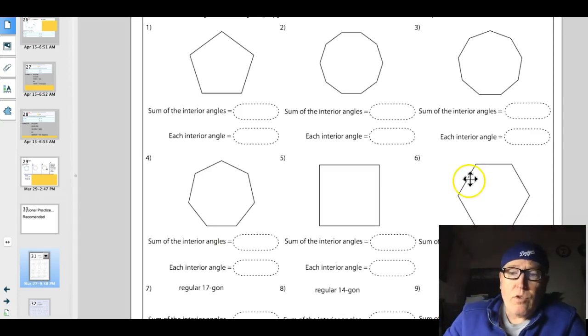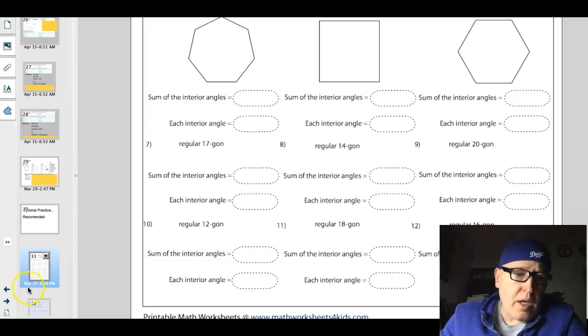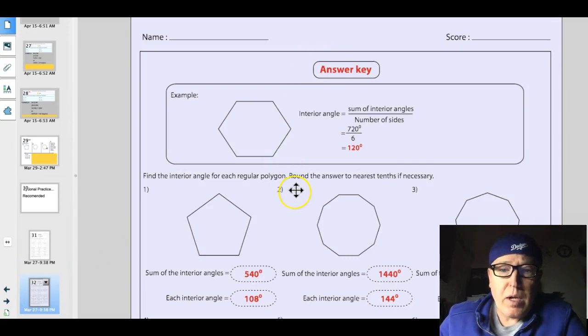Okay, I'll even give you some more to take a look at. I'll slide this over, so if you want to do 12 instead of just 10, there's a 12th one. Okay, and here are your answers to those if you did those problems.